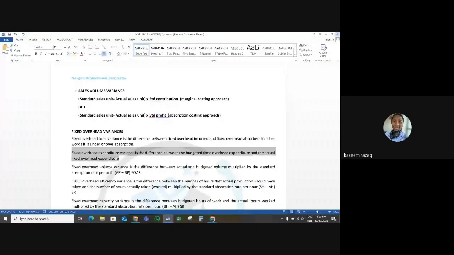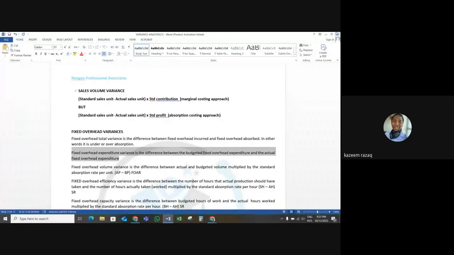How do we get overhead absorption rate? Anyone? What's the formula for overhead absorption rate? Budgeted overhead cost divided by quantity, budgeted overhead divided by budgeted level of activity. So the two of you are right, actually. The budgeted overhead is in cost. It is total budgeted overhead cost.